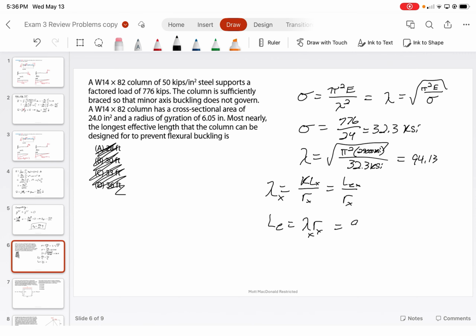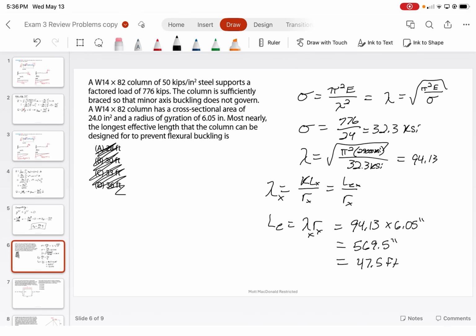So this is just going to equal the 94.13 times the 6.05 inches, which will end up giving us 569.5 inches, which then divided by 12 gives you approximately 47.5 feet. Does that make sense?